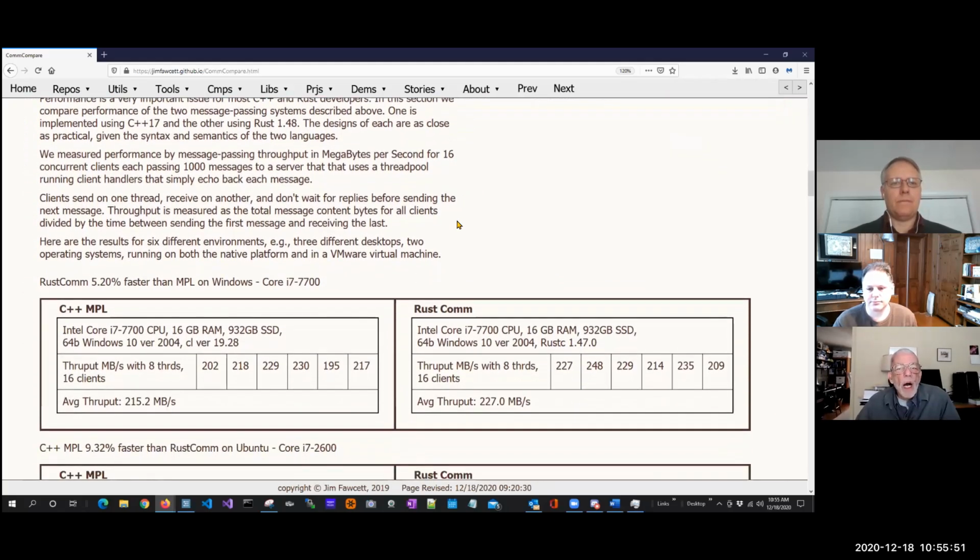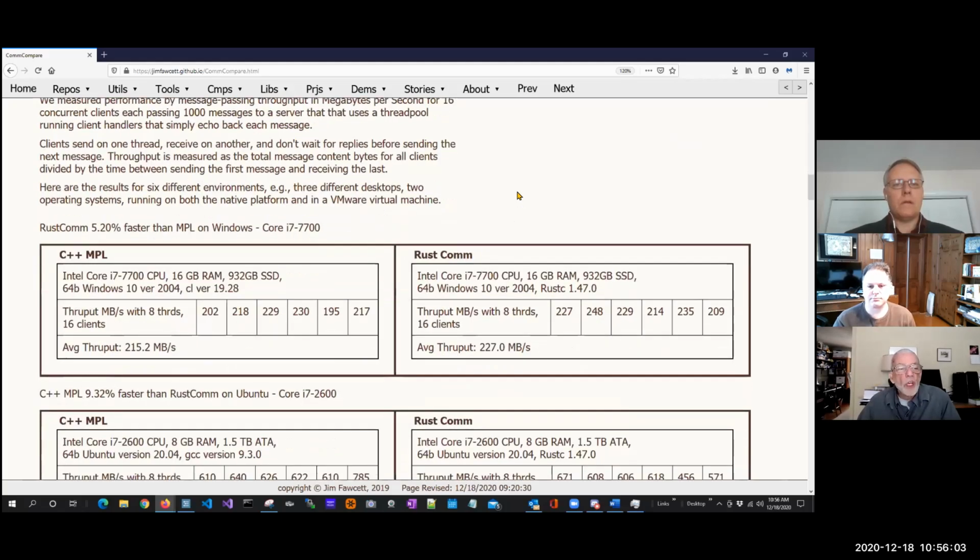We have several different environments: 3 different desktops, 2 operating systems, running on both the native platform and a VMware virtual machine. On Windows 10, on an iCore 7 processor, Rust ran 5.2% faster than MPL.